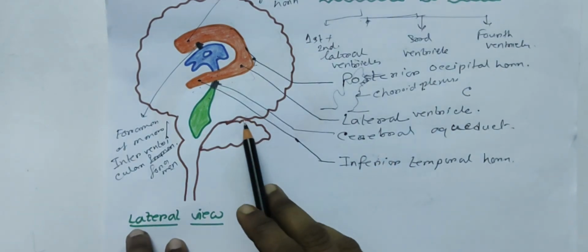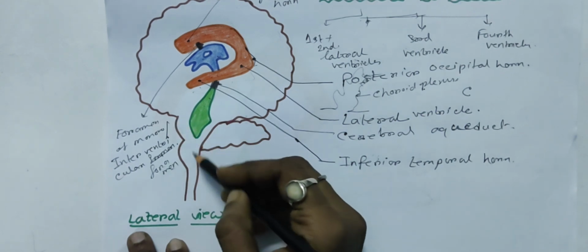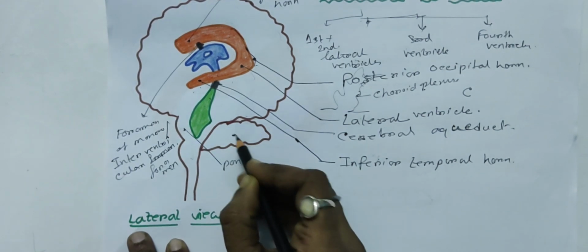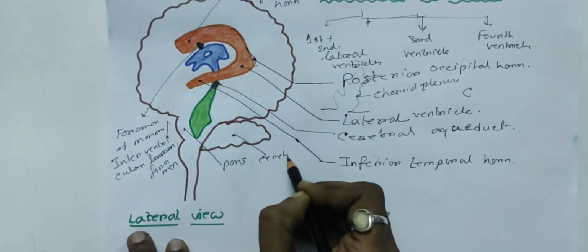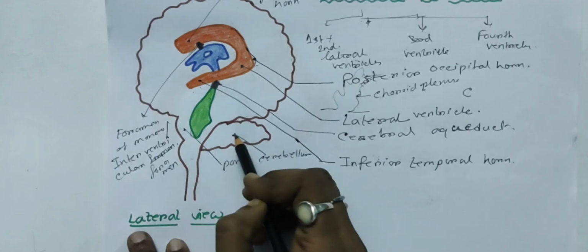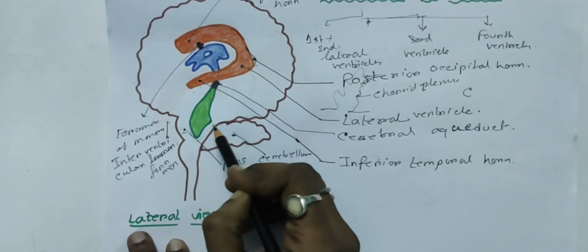Look at this diagram. This is the brain stem, and this is the pons, and this is the cerebellum. The fourth ventricle is located in between the pons and cerebellum.